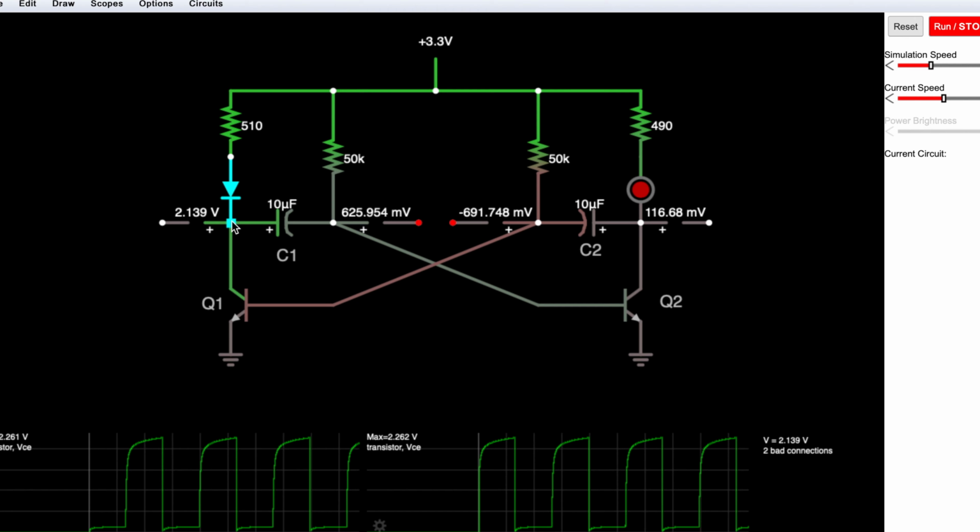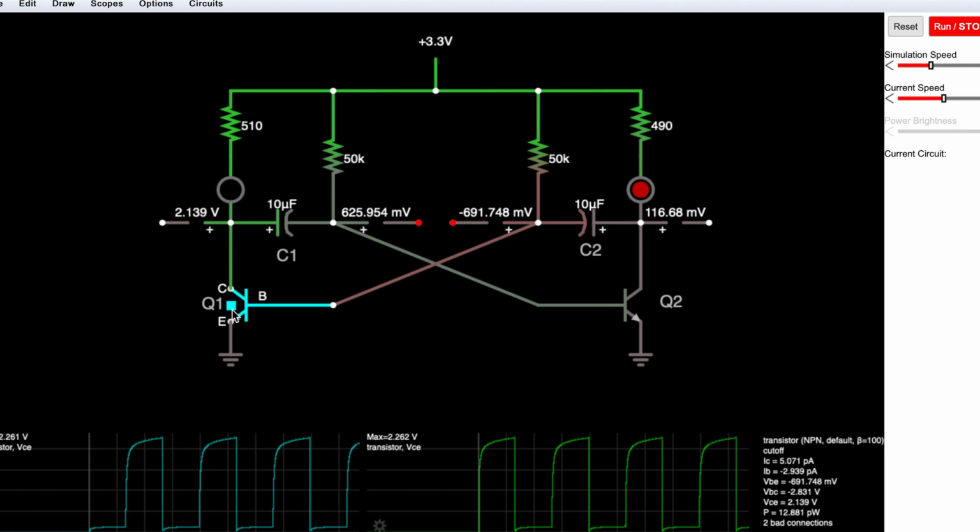Again, this is probably the most important part of the circuit to understand. The left side of C1 is at 2.1 volts. The right side of C1 is at 0.6 volts, which basically means the voltage across C1 is 0.6 minus 2.1, so that is negative 1.5 volts. Why is this important?